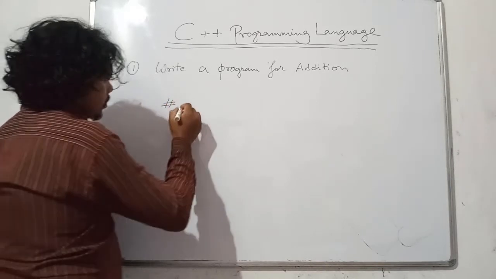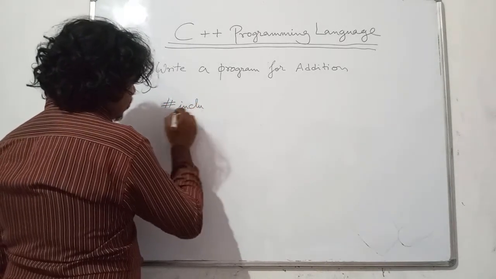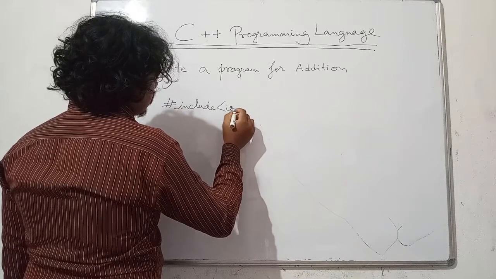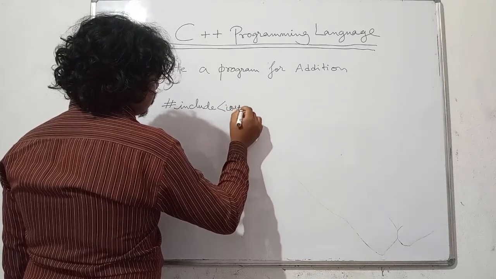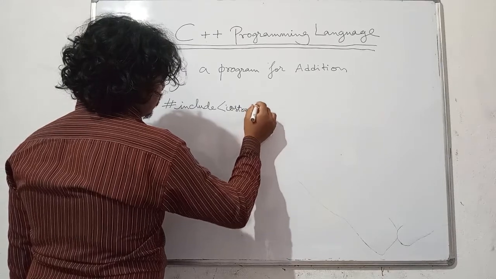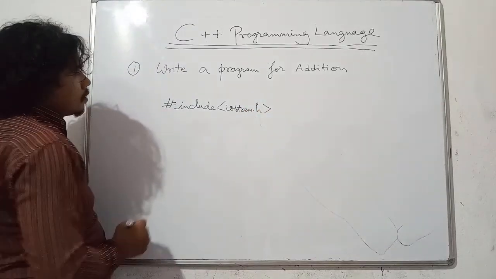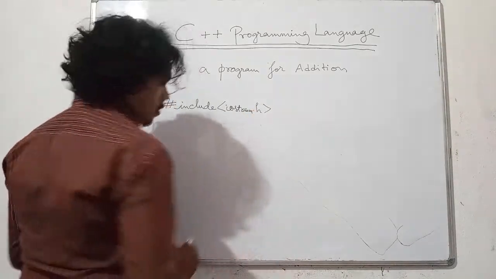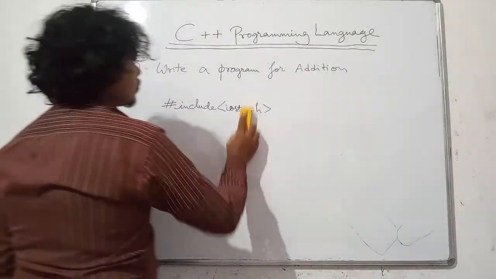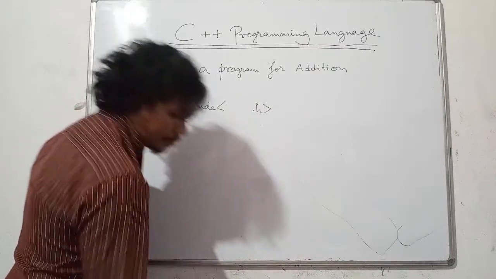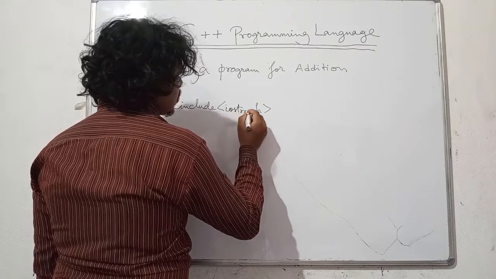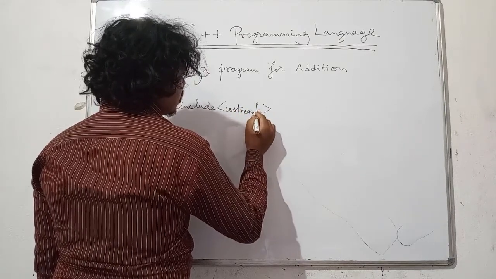How we will do? First we will hash include iostream.h.